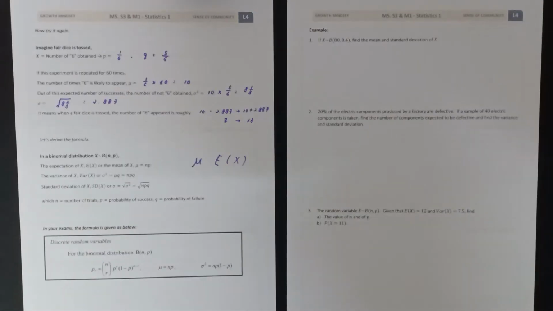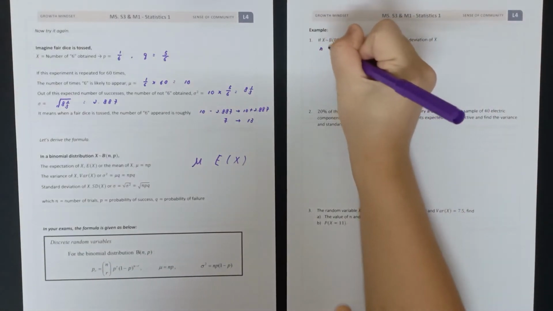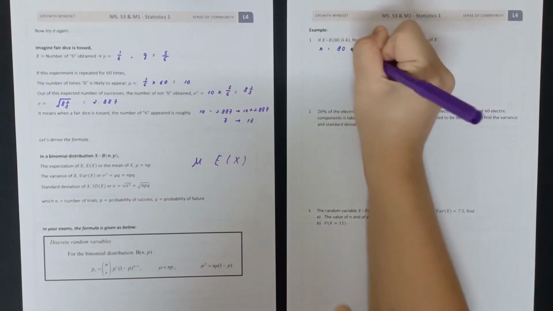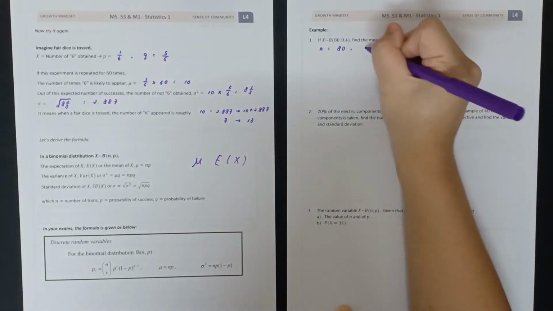It's very easy. For a binomial distribution that has an n, try to write down everything that is given by the question. The binomial distribution has a number of trials of 80, so n is 80. What does 0.4 mean? If you still remember, it is your probability of success.